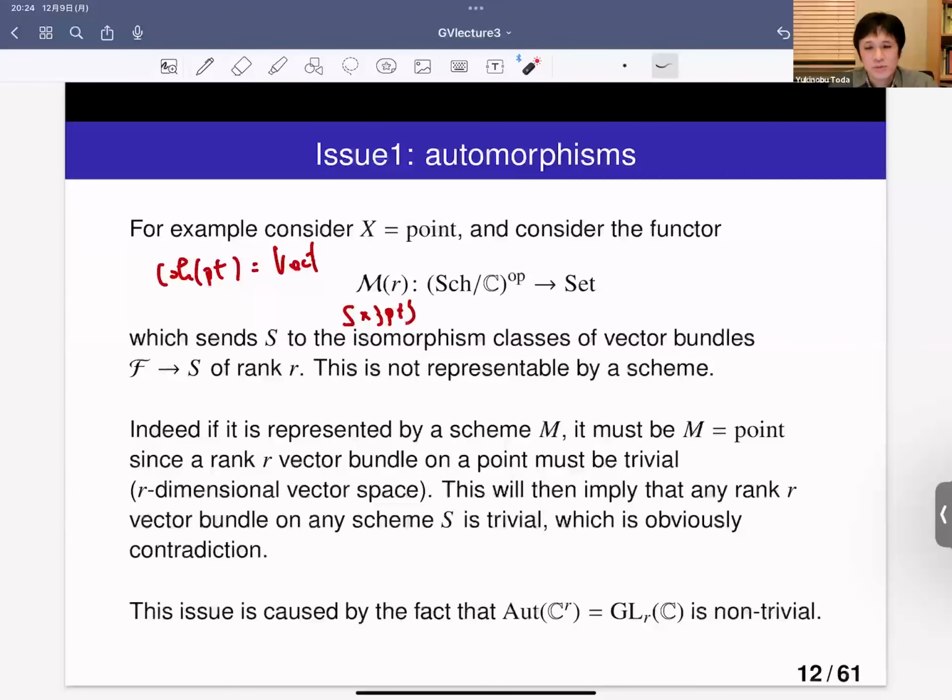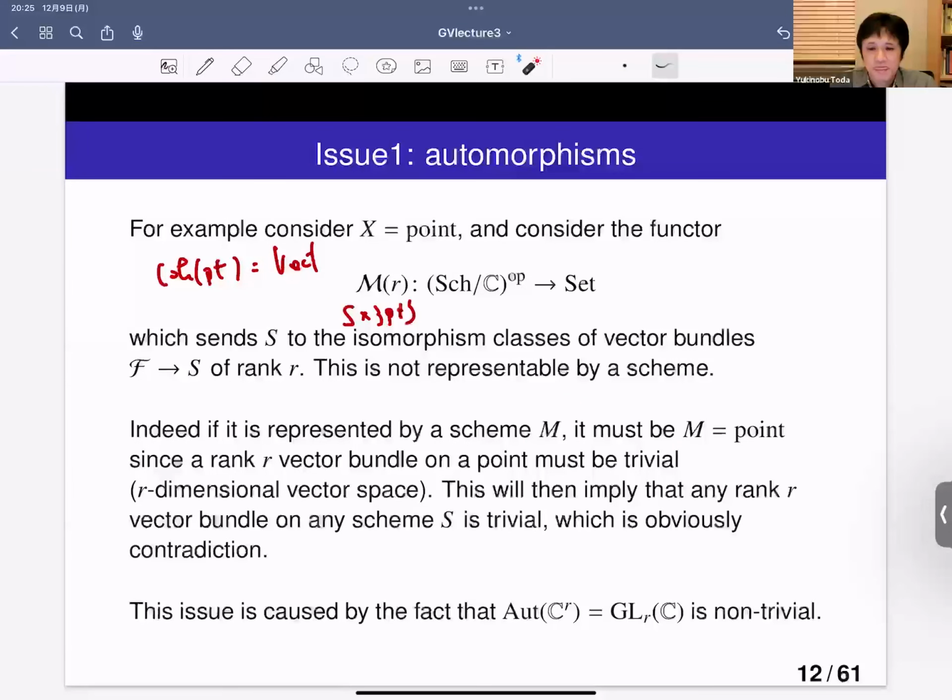This is because if there is a scheme M which represents this functor, then by the definition of the moduli functor, each closed point of that scheme M corresponds to a rank r vector bundle over the point. That is nothing but an r-dimensional vector space. But of course, there is only one r-dimensional vector space up to isomorphism. So if there is such a scheme M, then it must be trivial. So it must be just one point.